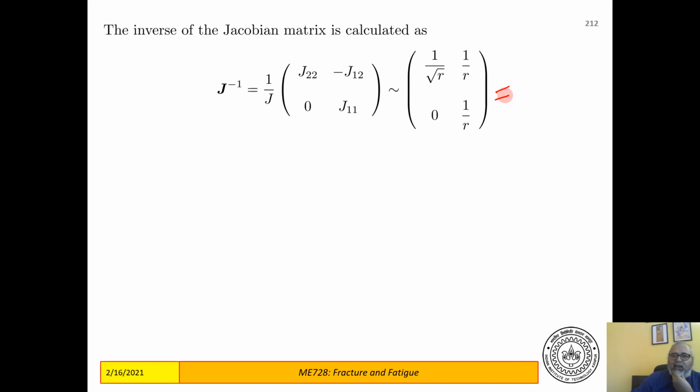So this is r to the power 3 by 2. J22 goes as r. This goes as root r. This goes as root r. So J inverse would go as 1 by root r, 1 by r, and 1 by r again. So the Jacobian contains both 1 by root r and 1 by r.